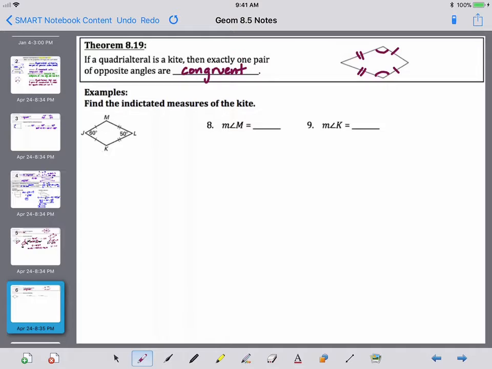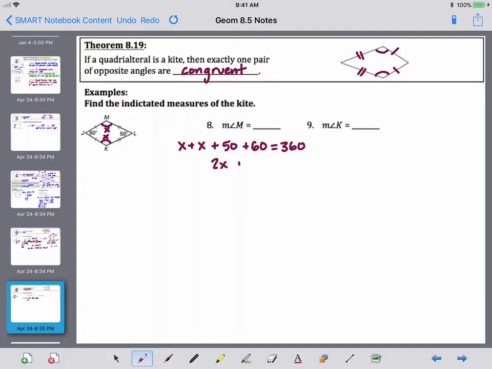First of all, to find the measure of angle M. I notice that M is opposite K, so those must be congruent. So let's call this and this x. They have to be the same. Well, if you remember, all four angles in any quadrilateral, including kites, add up to 360. So if we take x plus x plus 50 degrees plus 60 degrees, that must be 360 degrees. We can combine like terms.